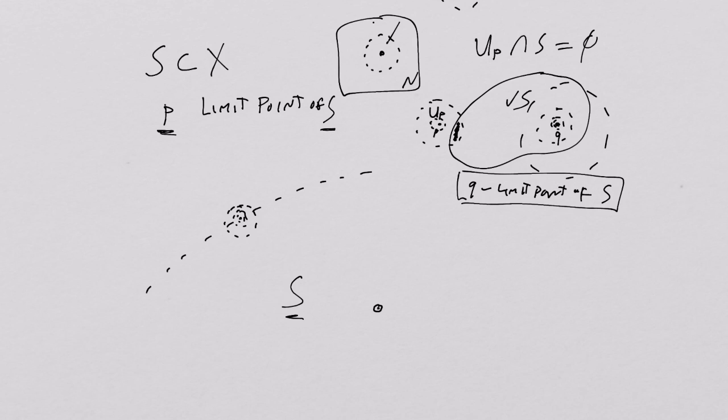Well, every neighborhood of that point still intersects some amount of S. Let me draw it a little better, a little circle like that. That circle represents a missing point of the set S. But every neighborhood of that missing point intersects S. So even though that point, which has just been plucked out of the interior of S, that point is still a limit point of S.